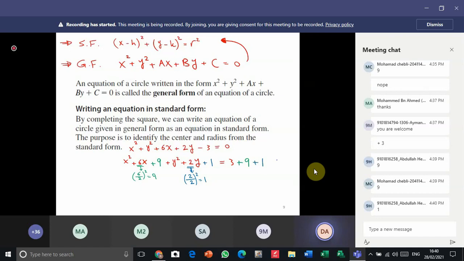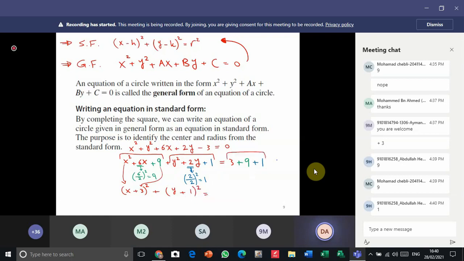Now, continue. Here we have the complete square. This is equal to x plus 3 square, the radical of x square is x, the radical of 9 equal 3. Also, we have the complete square for y: the radical of y square is y, plus the radical of 1, all square. This is equal what?